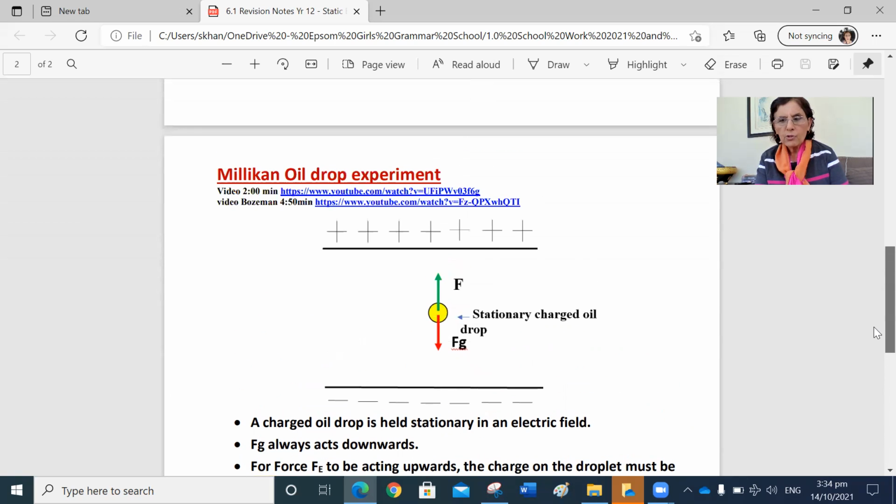A ratio of charge to mass was already calculated by earlier scientists. By doing this, Millikan calculated the charge on an oil droplet, and that charge came out to be 1.6 times 10 to the negative 19 coulomb.